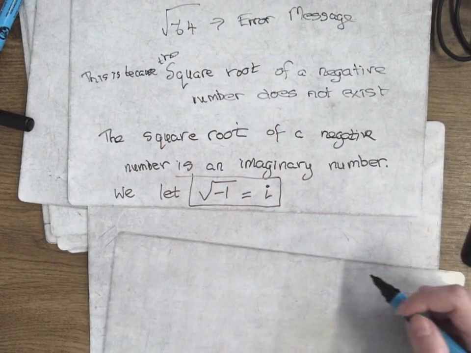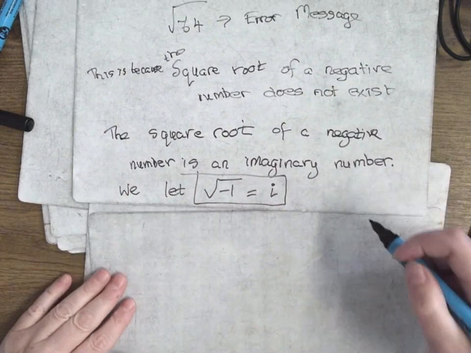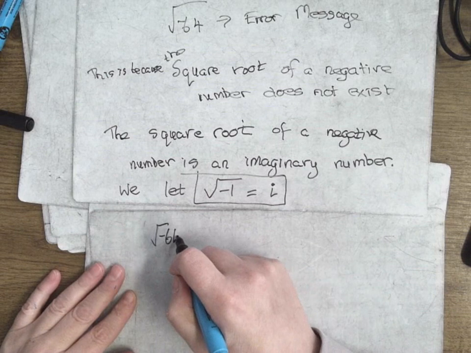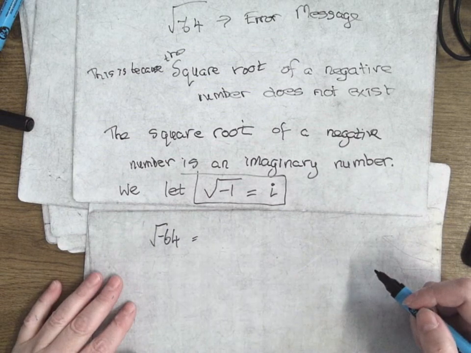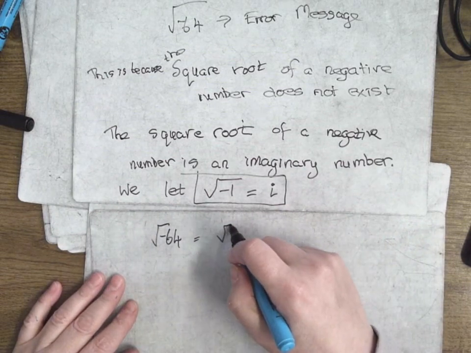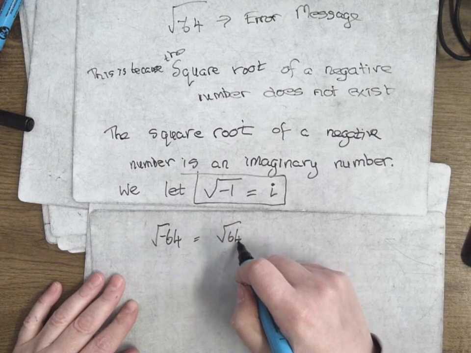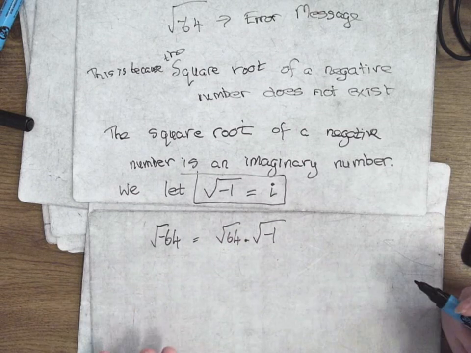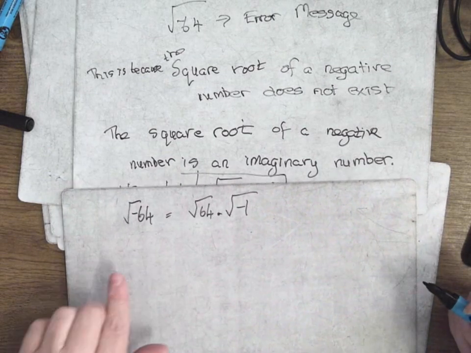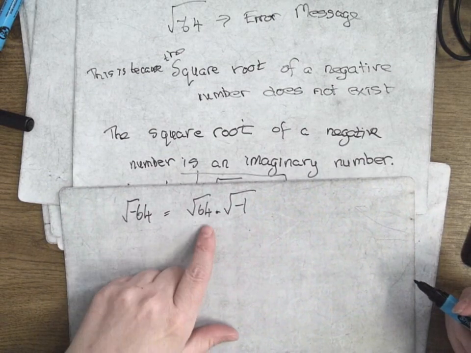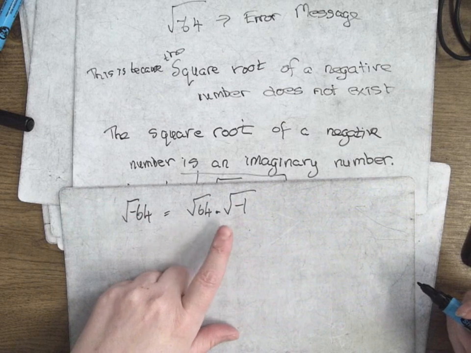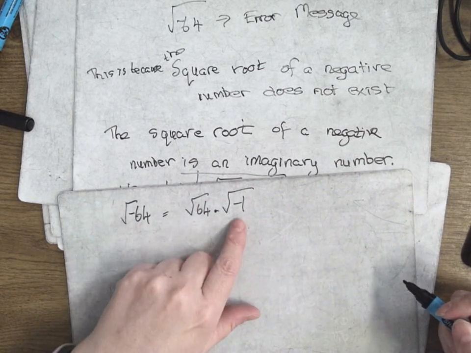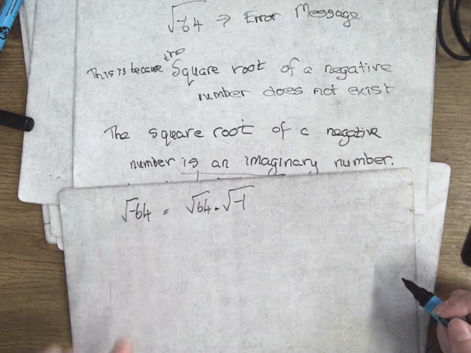Okay, so if I go back to the square root of -64, I can write this as the square root of +64 multiplied by the square root of -1, because 64 multiplied by -1 is -64.